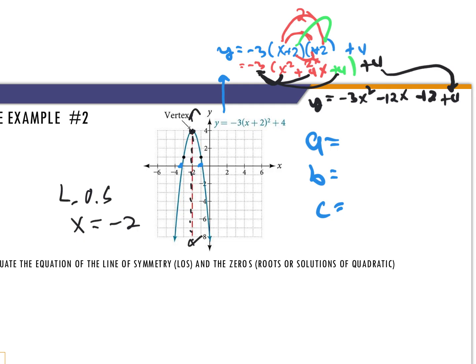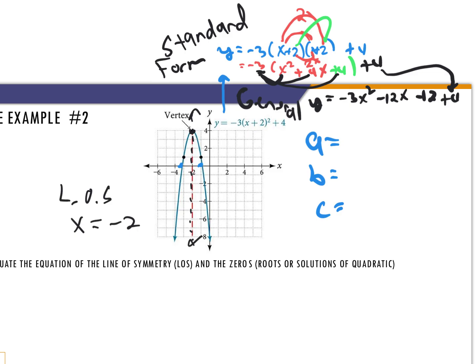I have one more step, and then I have it. This is called standard form, by the way. Now I'm turning it into general form. General form will be this answer.